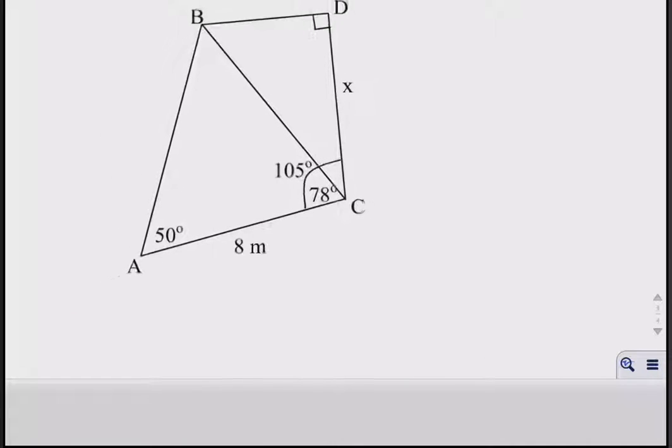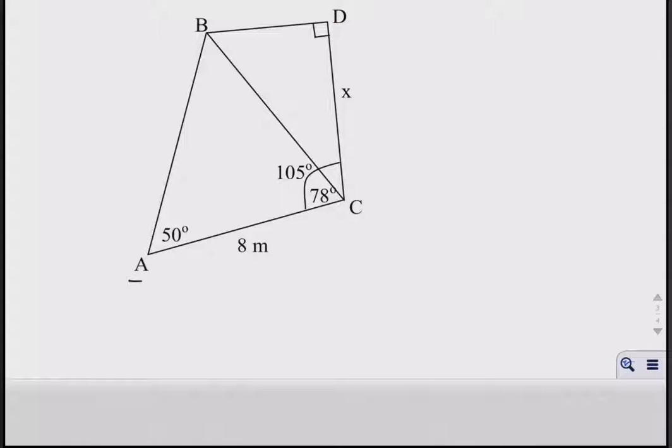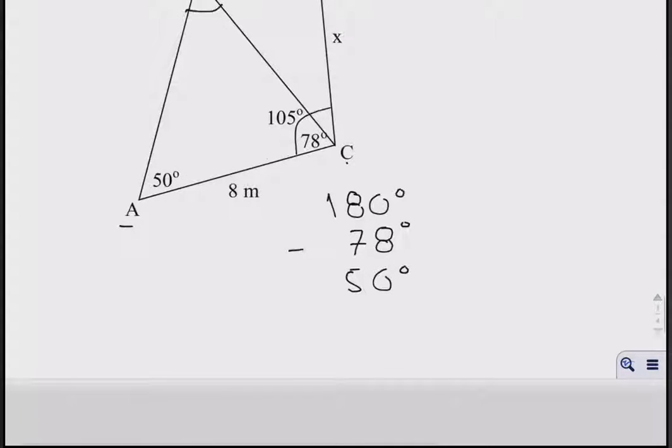So I have triangle A, B, and C. I know two angles. I can definitely figure out angle B here because it'll just be 180 minus 78 degrees as well as 50 degrees.